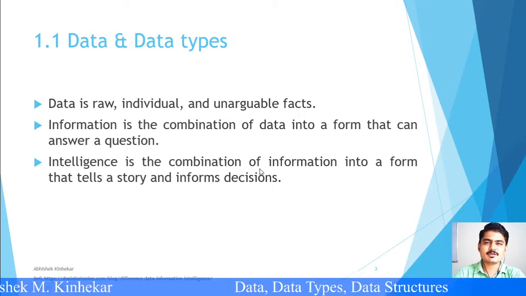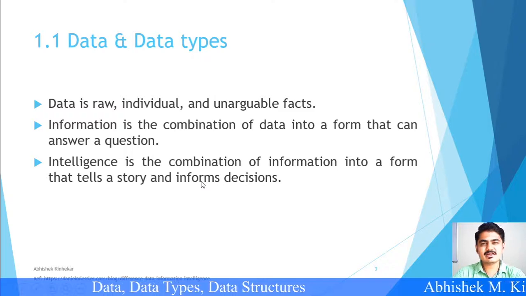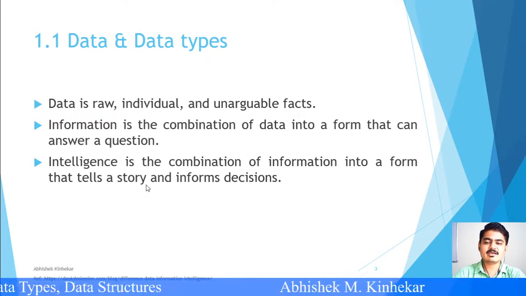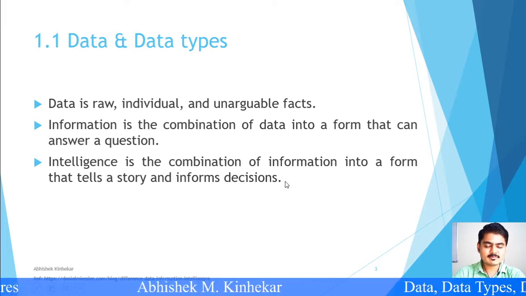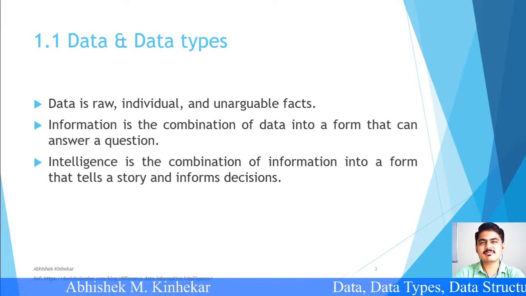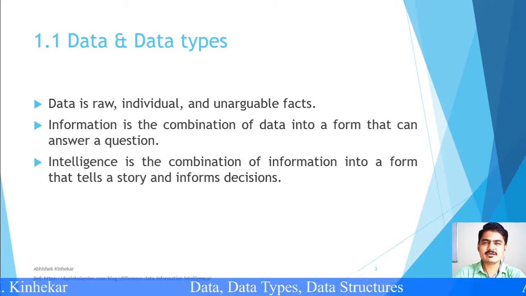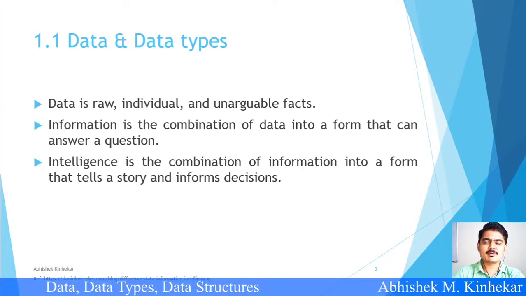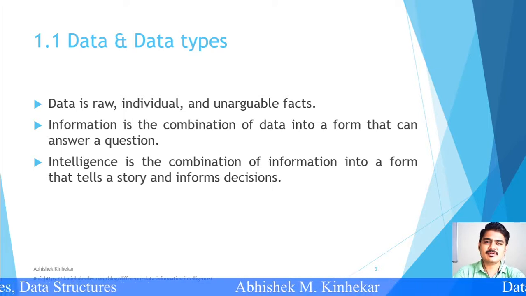The next topic, processed information, is called intelligence. What exactly is intelligence? Intelligence is a combination of information into a form that tells you a story and informs a decision. Let me continue the previous example. There might be a case that for some unit, let us assume unit number 4, the average score of the complete class falls below 50%.